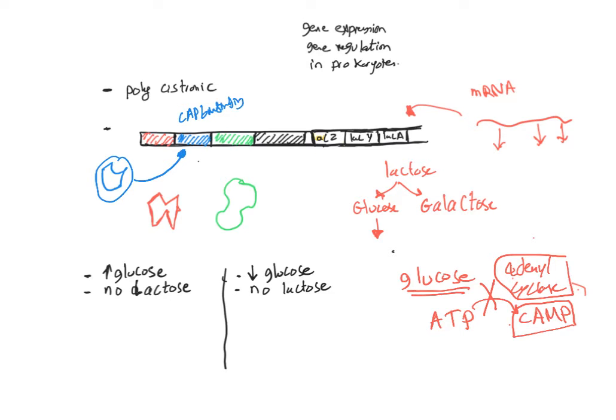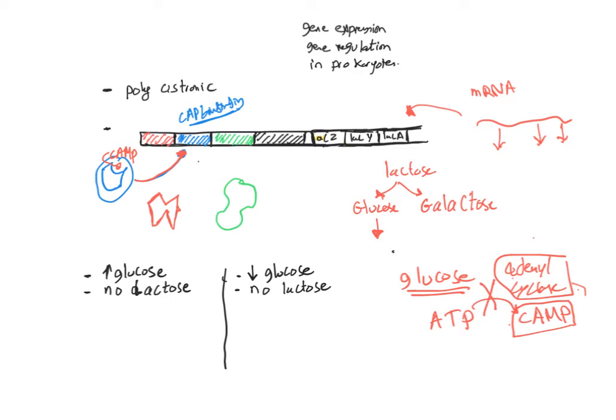This site acts as an activator downstream of the promoter. The CAP won't go and bind unless cAMP, cyclic AMP, is attached to it to make a complex, and then it could actually go and bind. So this is the first initiating process that could occur.